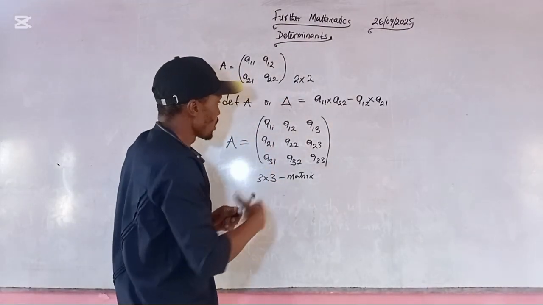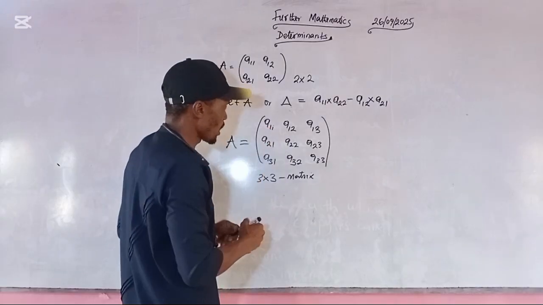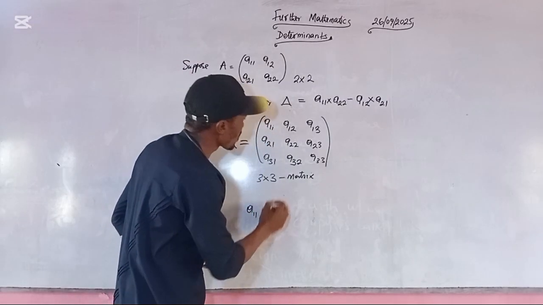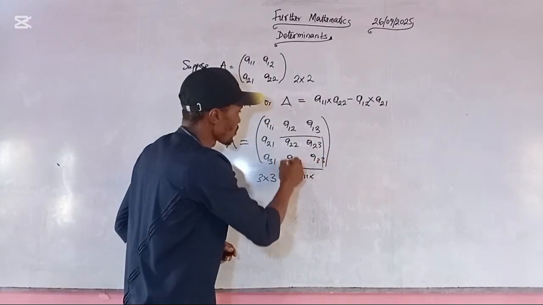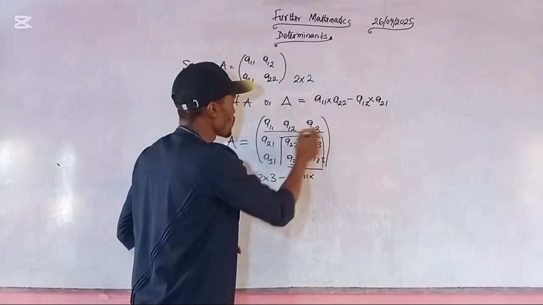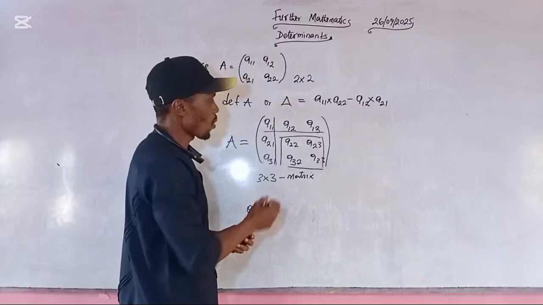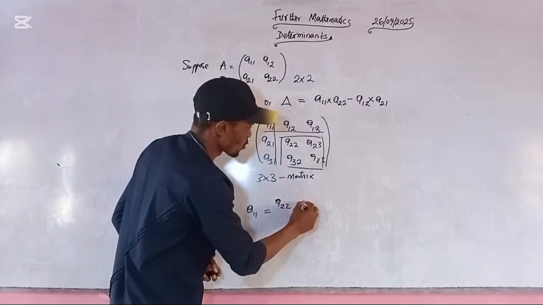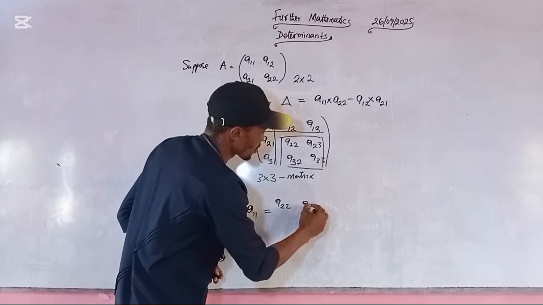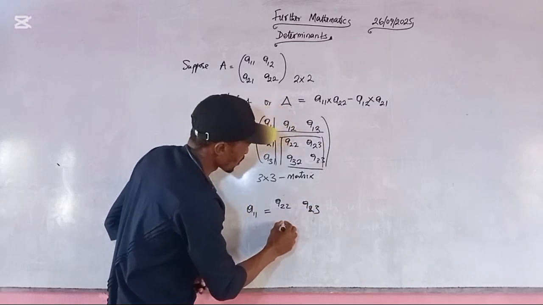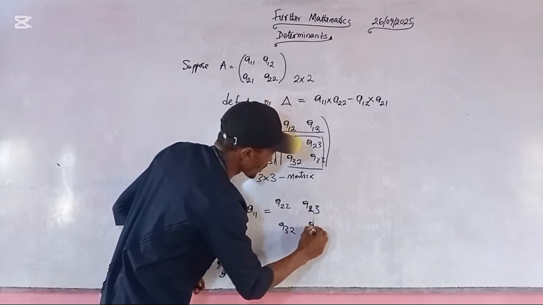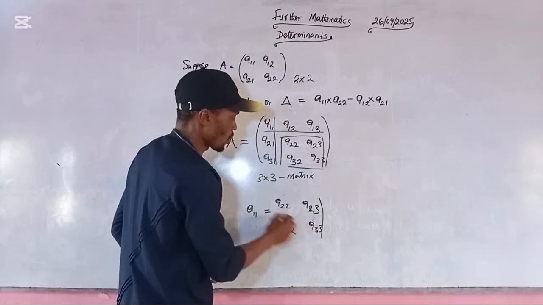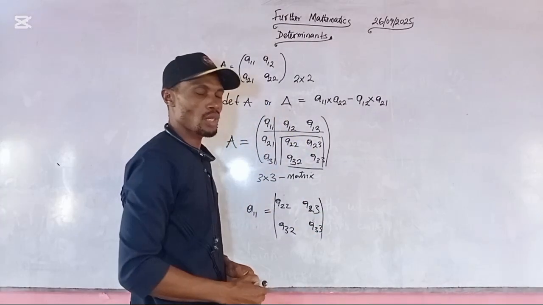What do I mean? The minor of A11 is equal to this, because when we delete the row and column of A11, what remains is A22, A23, A32, and A33. So this is the minor of this matrix.